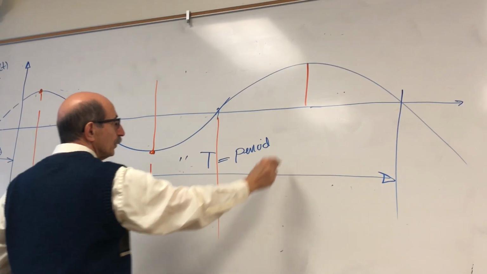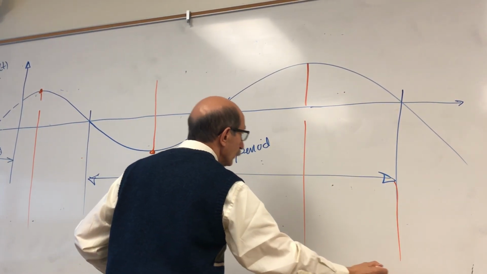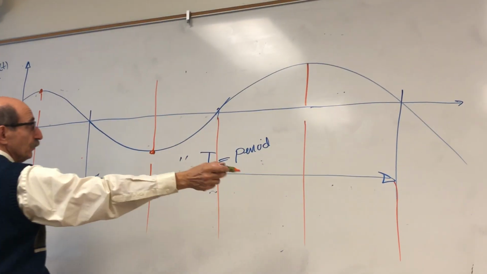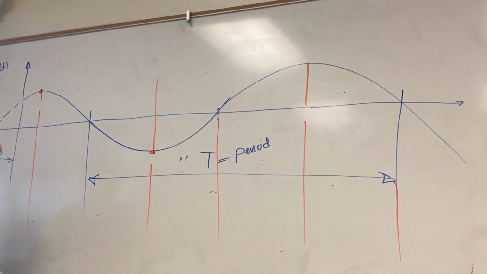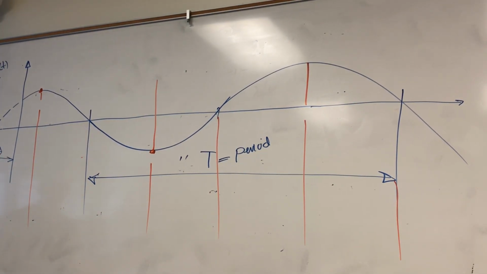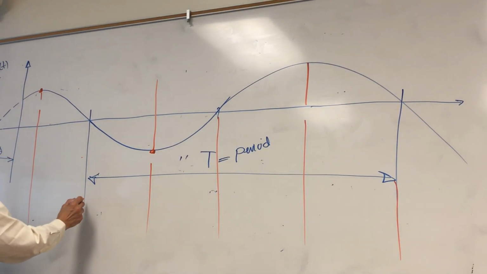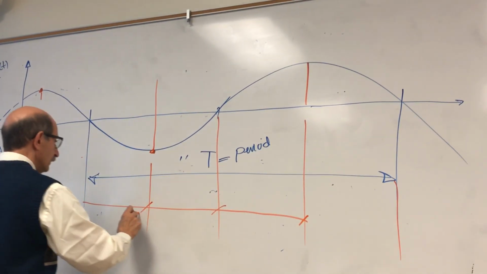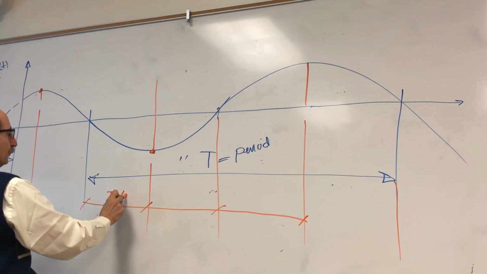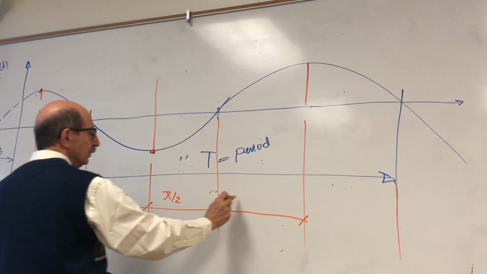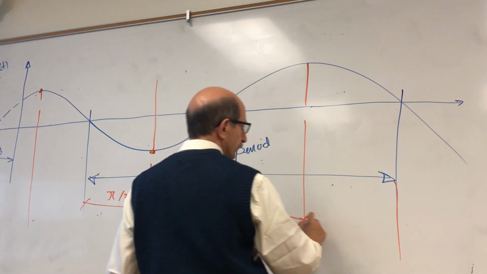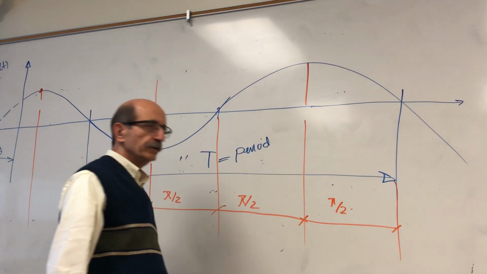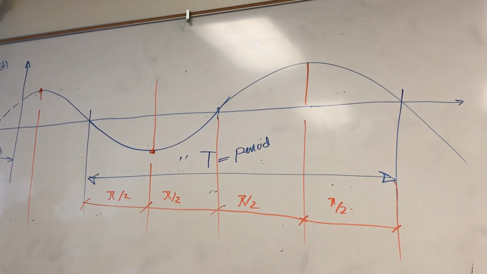It is a sinusoidal function, so the distance between the two zeros or the two peaks is the period. And this is pi over 2, pi over 2, pi over 2, pi over 2. The total period is 2 pi for a sinusoidal function, right?